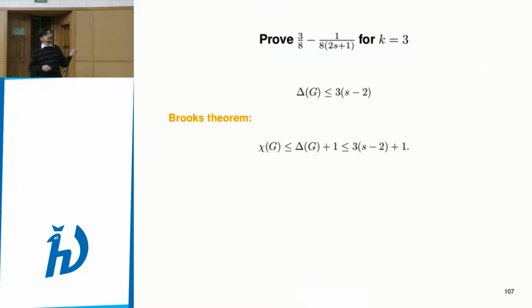And the other example with equality is the complete graph. It's easy to see. Otherwise, it's less than delta plus 1, so you don't need this one. But in our case, it doesn't matter. So we know that the maximum degree plus 1 is the bound.